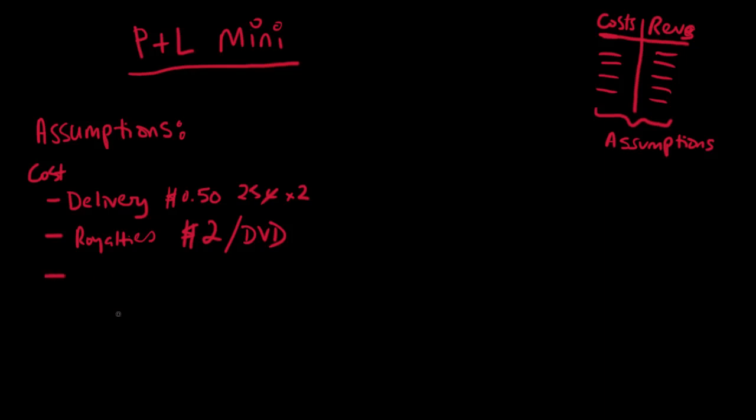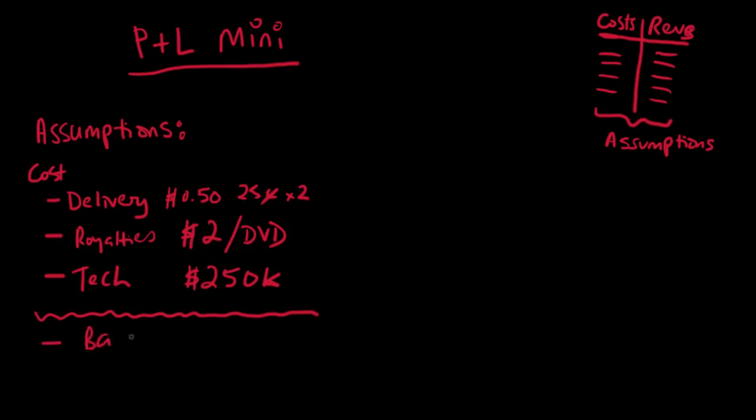What other costs would we have here? Just to build this out, remember we're at the prototyping phase, and I'm going to say the technology, this is the online platform, is going to cost us $250,000 to start with, and I'm going to leave off at this stage the online on demand revenues, because here we would also have bandwidth costs if we were going to serve videos for viewing on a computer.